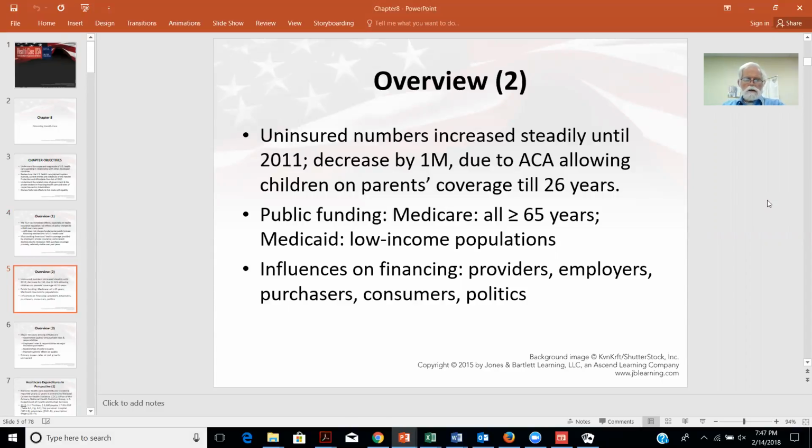We have seen a lot of changes in the number of insured. Uninsured numbers have been decreasing under the ACA. This figure here is they haven't decreased by 1 million, they've increased by more like 25 million.